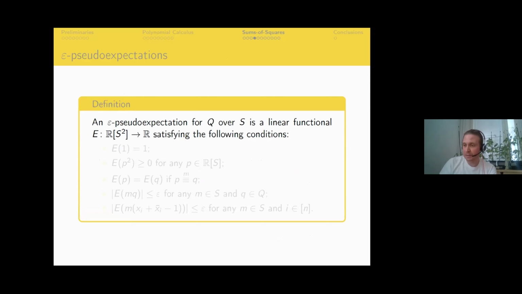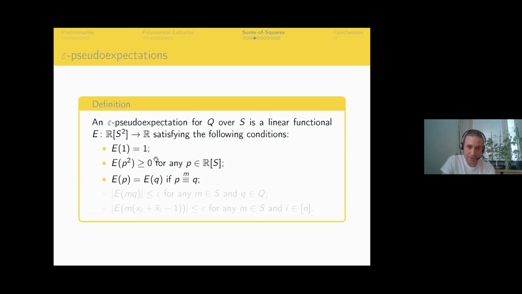So the semantic counterpart here is what I call epsilon pseudo expectations. It's like a classic pseudo expectation. It's a linear functional that satisfies the following conditions.